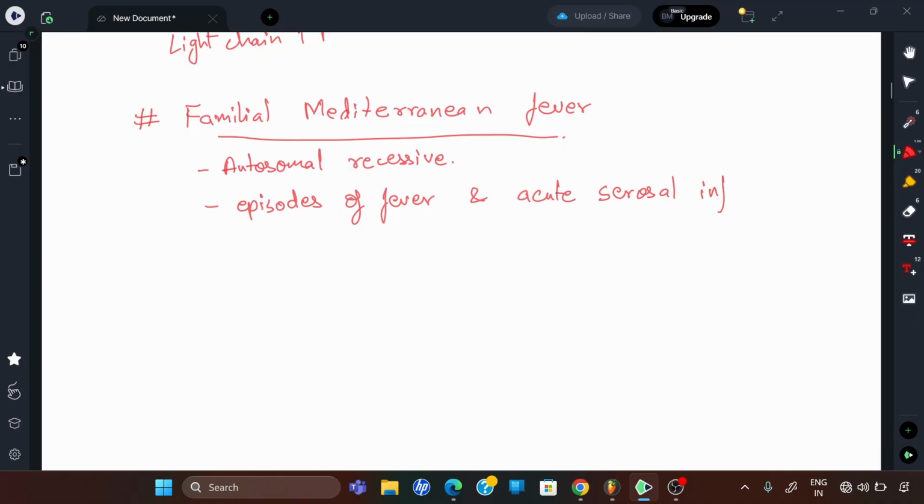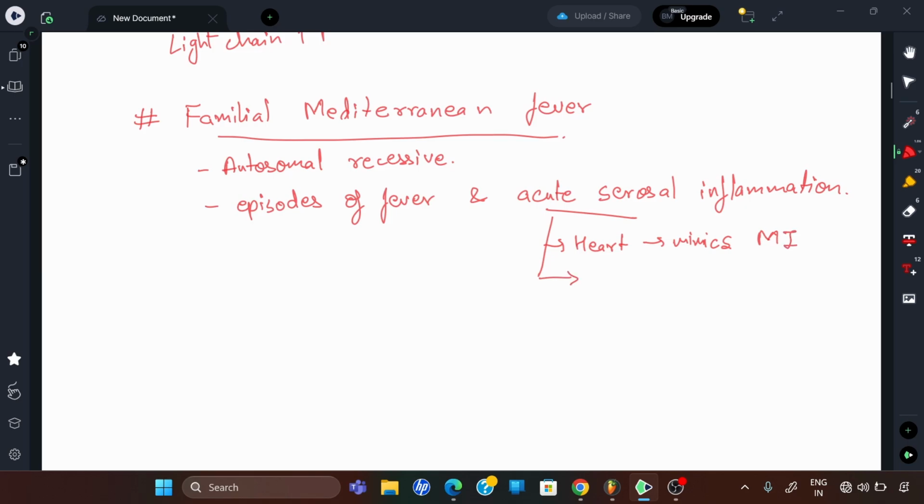Now if this acute serosal inflammation happens in the heart, then it mimics MI, right? Then it will mimic myocardial infarction.